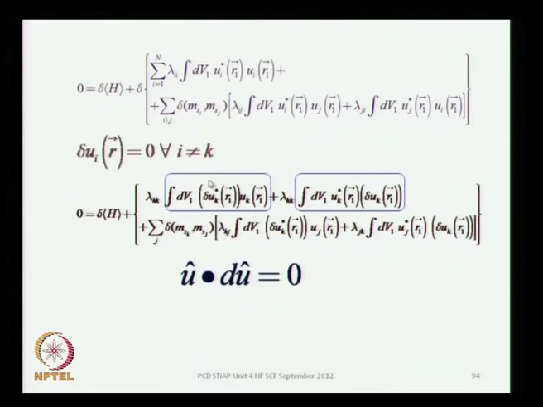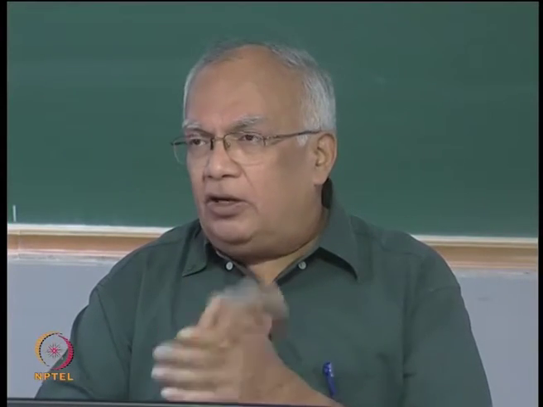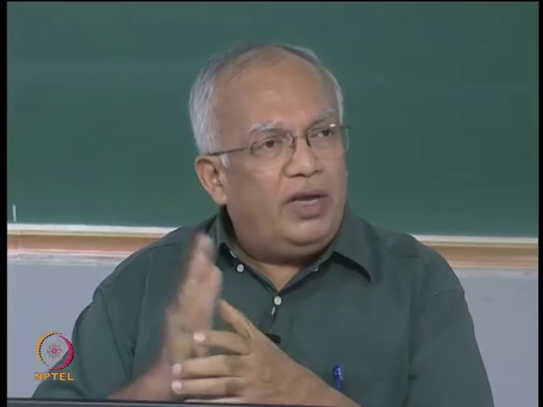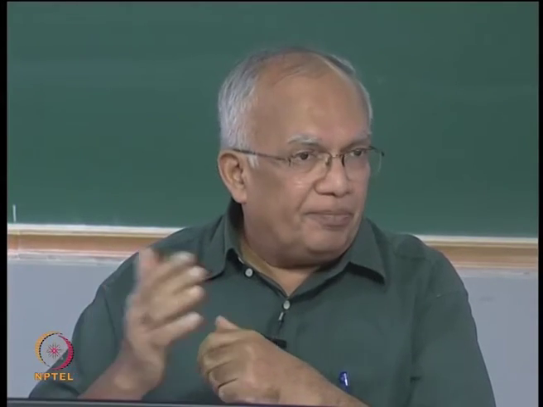Now, notice that if you look at these terms, this is a variation in the kth orbital, and in the Dirac notation or in the vector notation, this is completely like the inner product of a unit vector on its change.